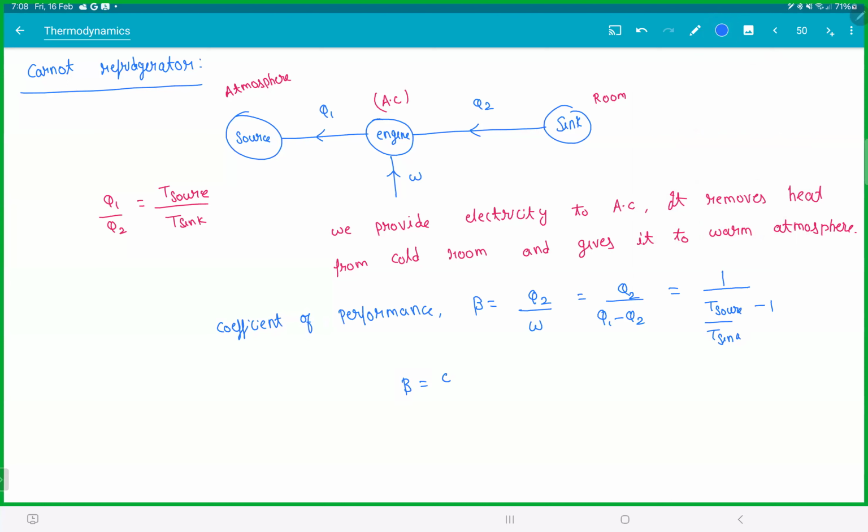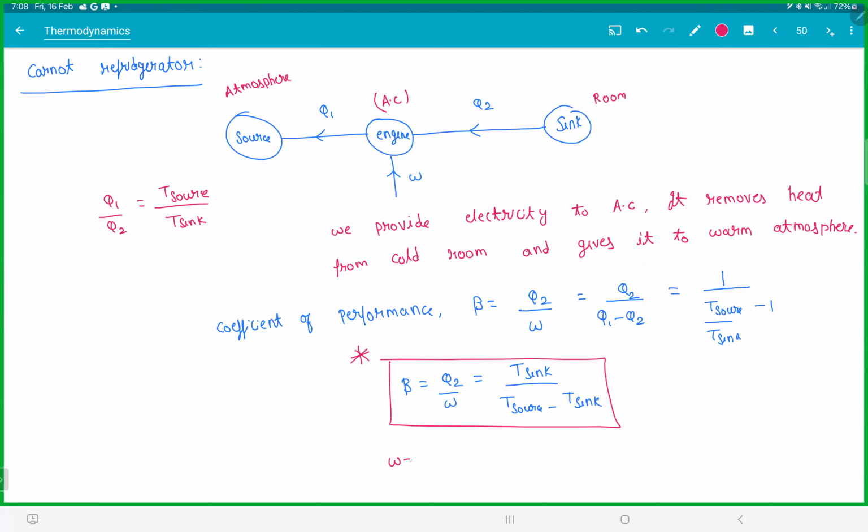So beta, given by Q2 by W, is T sink by (T source minus T sink). Even if you forgot the formula, remember what you're interested in: Q2 by W. This is the formula.